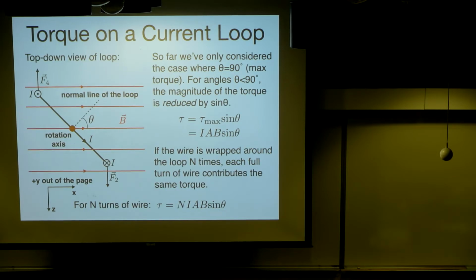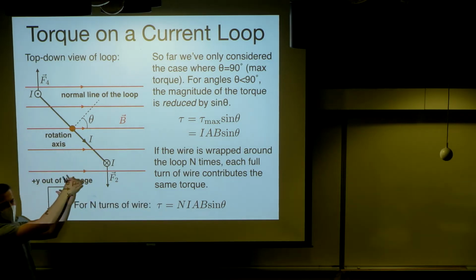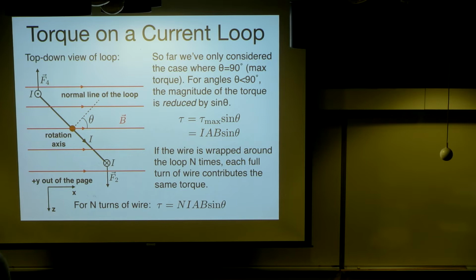So far we've only considered the theta equals 90 degrees case where you have maximum torque. I want to show you a more general situation. Before, we were thinking that the loop itself and the B field were in the exact same plane.